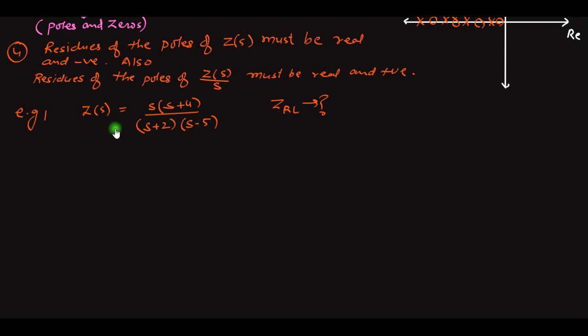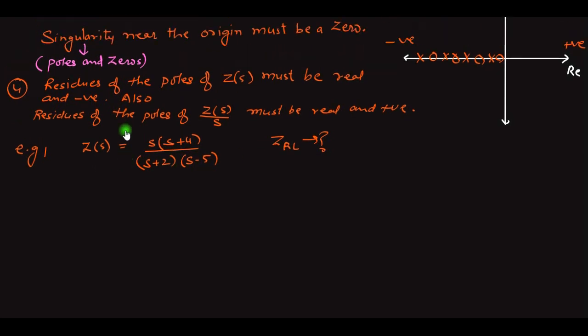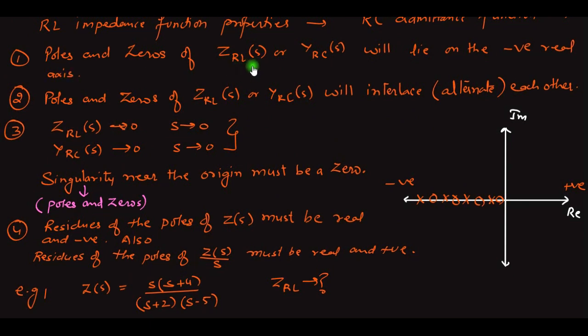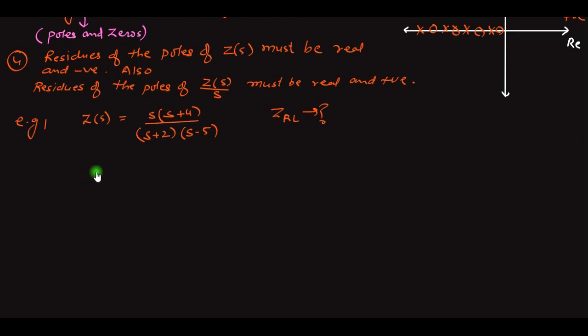The first property of ZRL function says the poles and zeros of ZRL will lie on the negative real axis. Let us check poles and zeros. Here the zeros can be calculated by substituting numerator equal to 0. So I'll get S equal to 0 and S equal to minus 4. Similarly, the poles will be at S equal to minus 2 and S equal to 5.